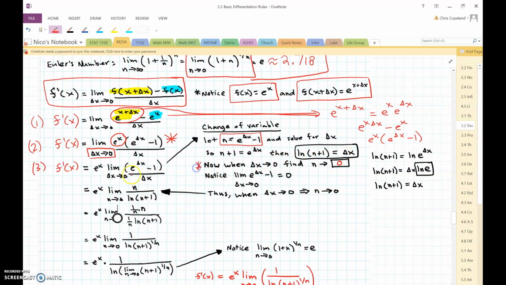Now notice, since in this limit delta x is going to 0, then n must also go to 0, because if delta x goes to 0, then n has to be 0, since the natural log of 1 is 0.